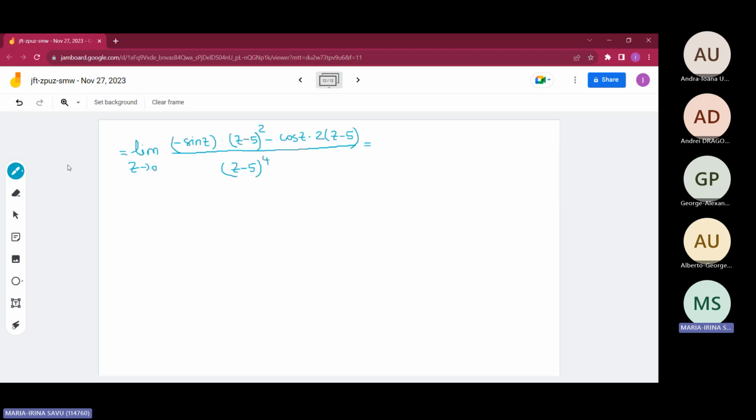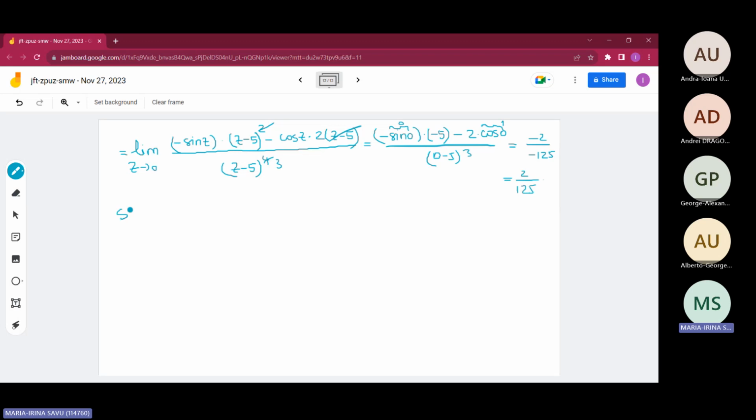Using simplification here and replacing z by 0, you get minus sine of 0 times minus 5, minus 2 times cosine of 0, over (0 minus 5) cubed. You know that sine of 0 is 0 and cosine of 0 is 1, so you get minus 2 over minus 125. Okay, so it is 2 over 125.